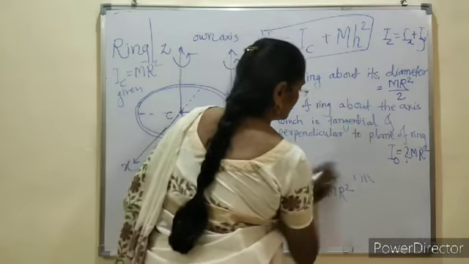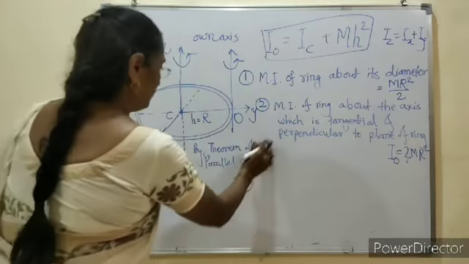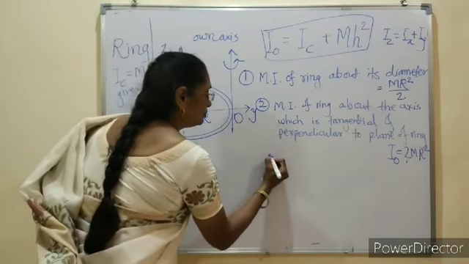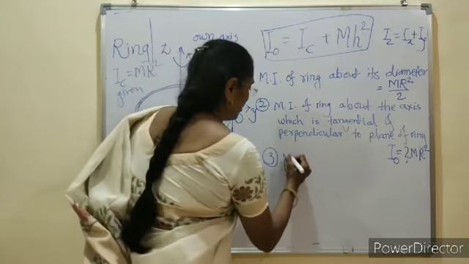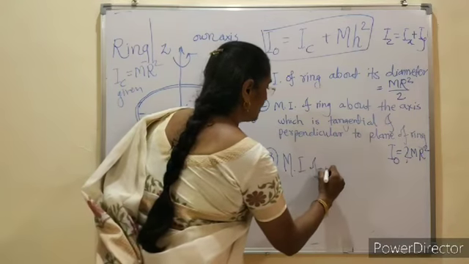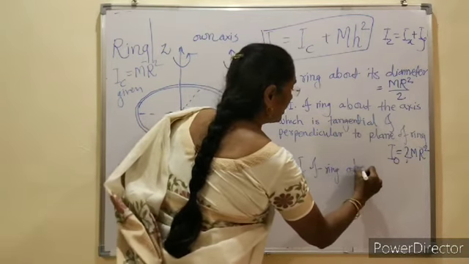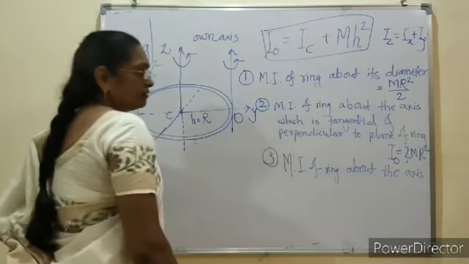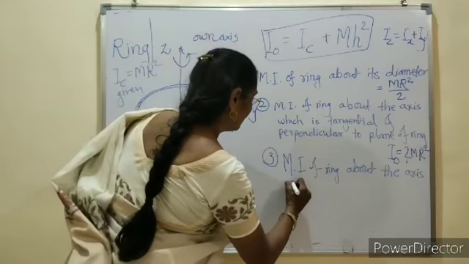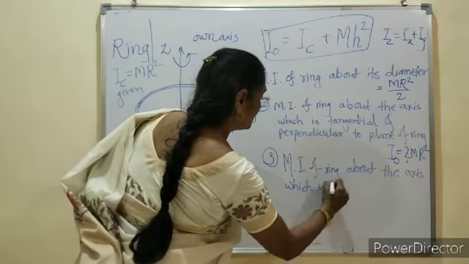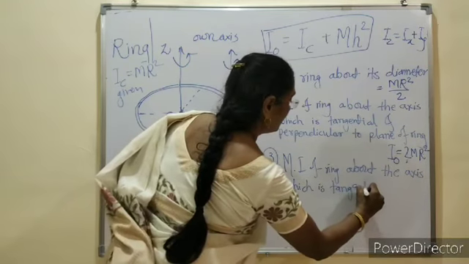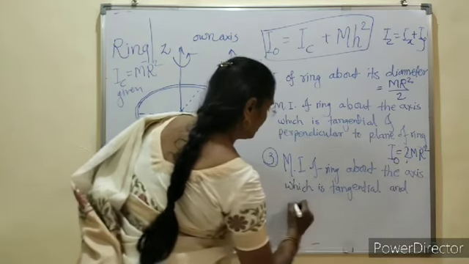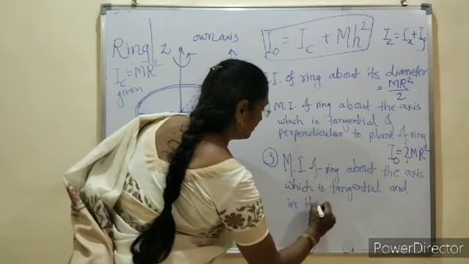This is the second question. We have solved it already. Now the third one is: moment of inertia of ring about the axis, the description is again like this, which is tangential and in its plane.